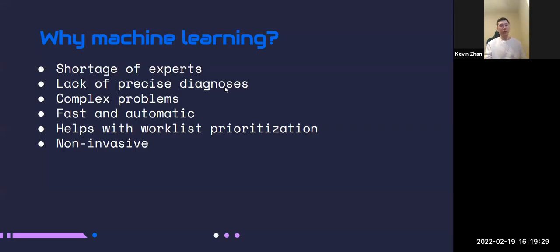All right, so that was the data portion. Now we'll move on to something more exciting. So why machine learning? How machine learning can help medical imaging and disease diagnosing through medical imaging is that often there is a shortage of experts.